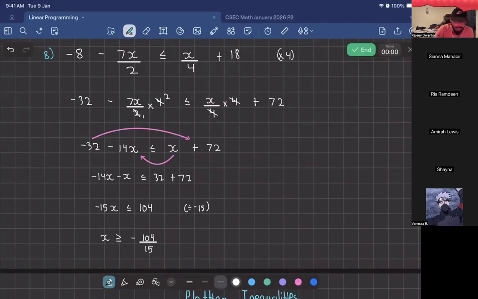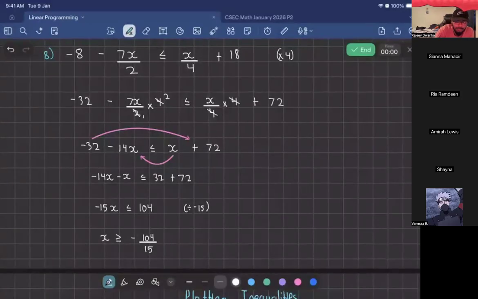So make sure you have this copied down, and then we're gonna look at linear programming. As soon as you have that copied down, let me know, right?